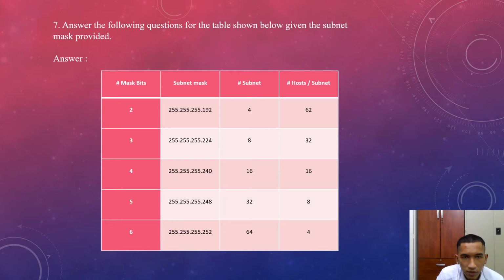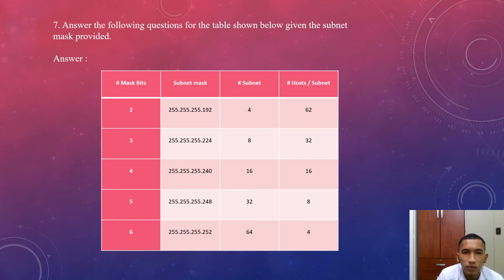Mask bits number 3, subnet mask 255.255.255.224, 8 subnets, 32 hosts. Mask bits 4, subnet mask 255.255.255.240, 16 subnets, 16 hosts. Number 5, 255.255.255.248, 32 subnets, 8 hosts.